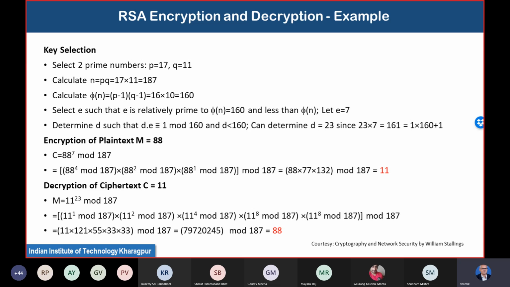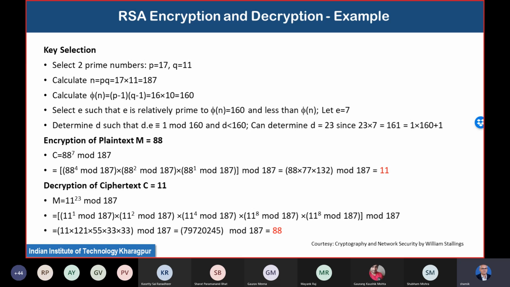If, for example, I generated these keys and I am Bob, then Alice would know this 7 and this 187. Based on that, Alice wants to send that message M to Bob.